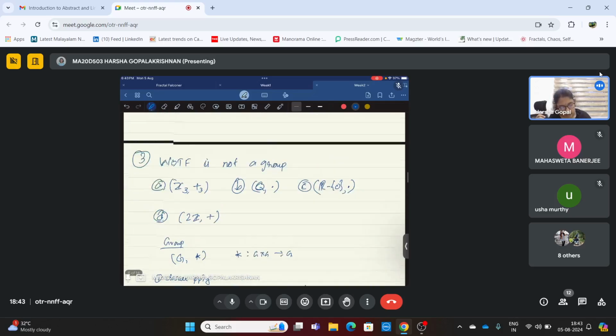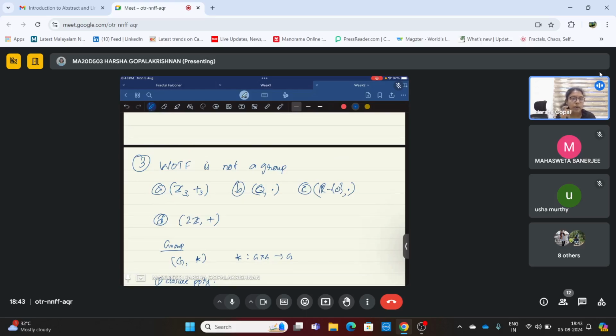Now the second option is Q under multiplication. Can you say whether it is a group or not? We need to check these 4 properties again: closure property, associativity, identity, and inverse. Associativity easily holds, you can just think about that.